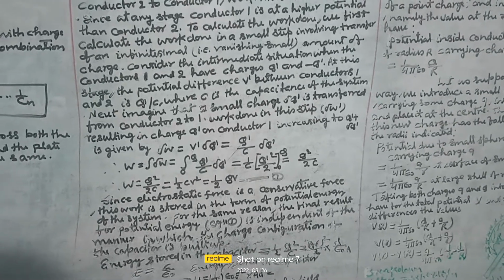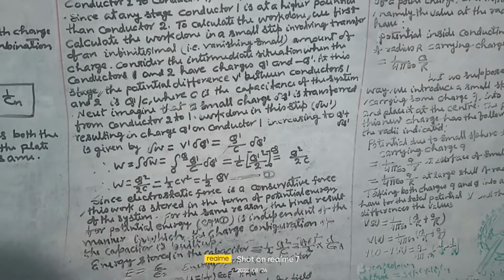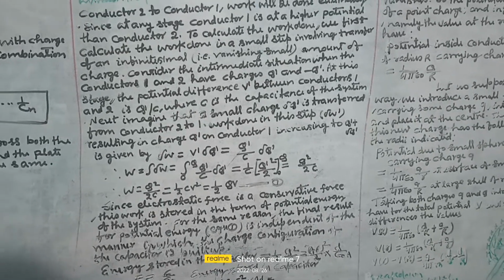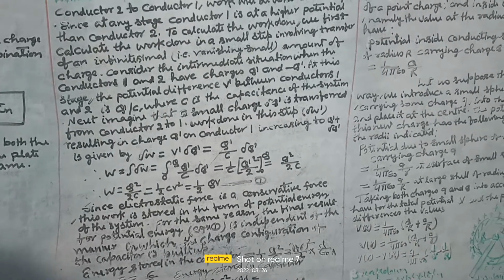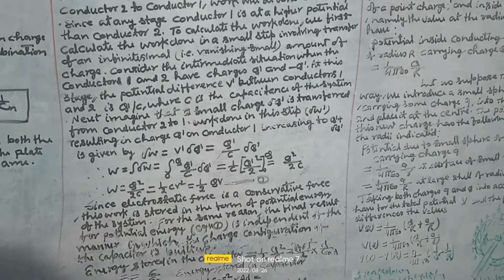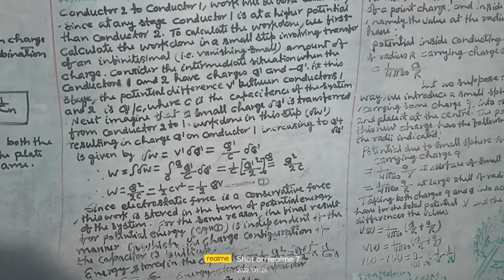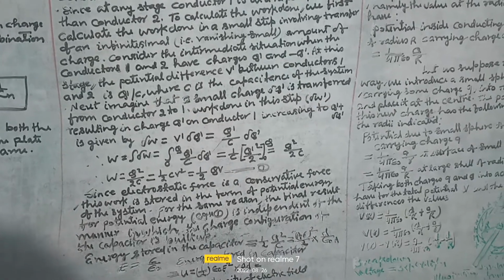Therefore W = Q^2/2C = 1/2 CV^2 = 1/2 QV. The electrostatic force is a conservative force, so the work is stored in the form of potential energy of the system. For the same reason, the final result for potential energy is independent of the manner in which the charge configuration of the capacitor is built.